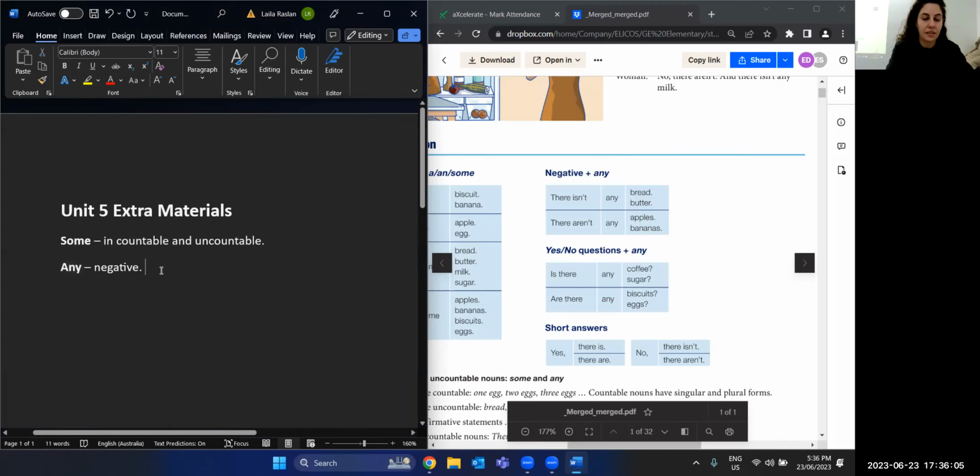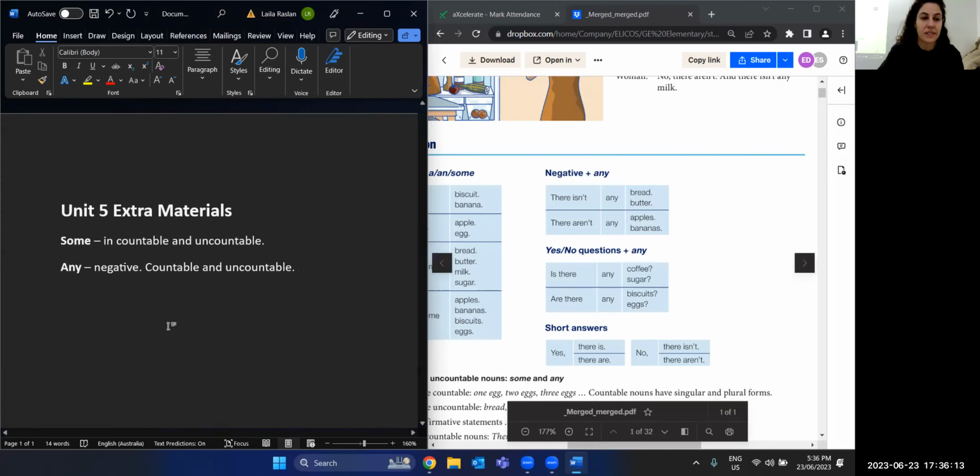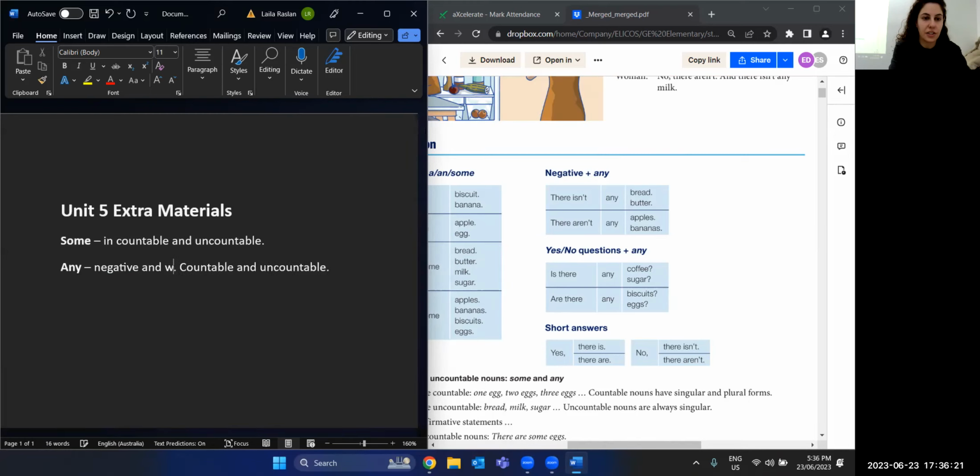So negative, countable, and uncountable. Questions, we use any. And again, we can see with both uncountable and countable. So negative and questions. So some and any.